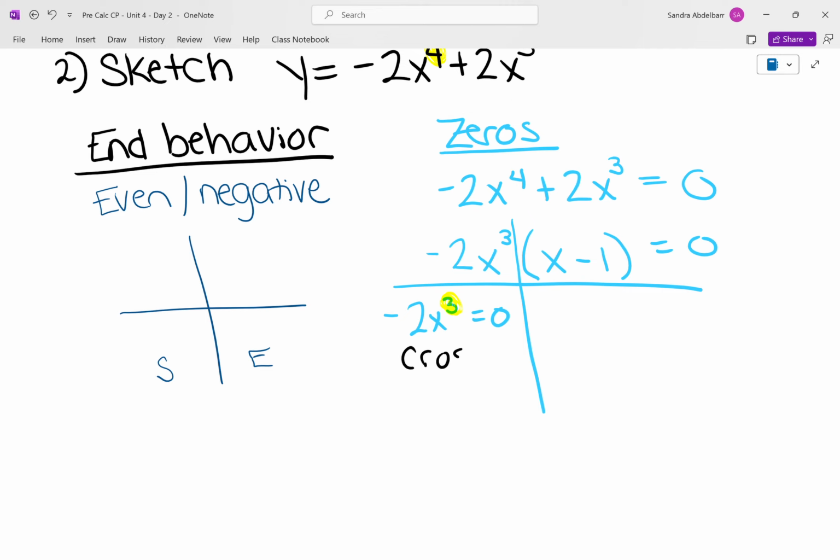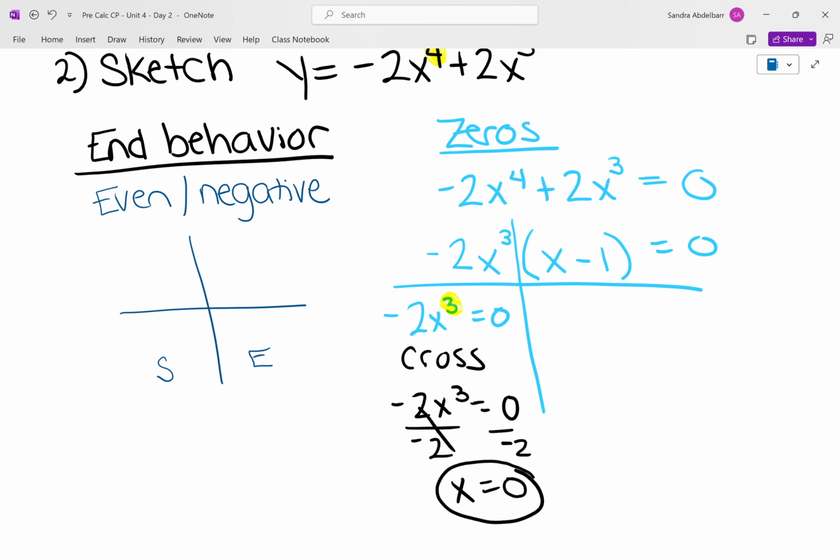Odd. So is this a cross or a bounce? This is a cross. Where is it going to cross? You have to solve this. So you're going to divide by negative 2, and we're going to have basically x is equal to 0. x cubed equals 0 is the same as x equals 0. We cube root both sides, still get 0.